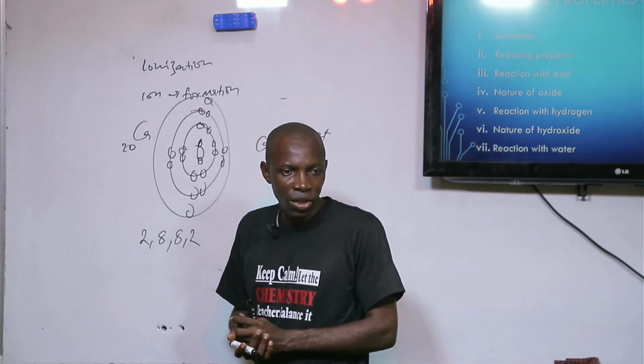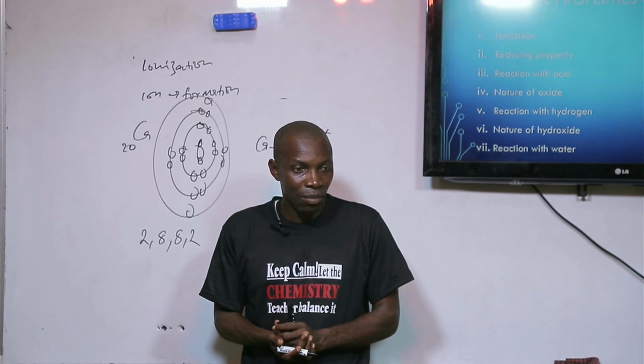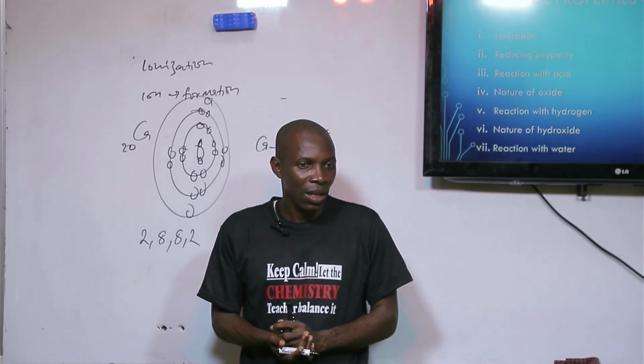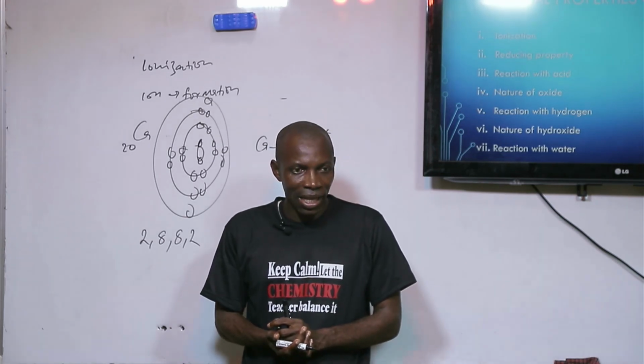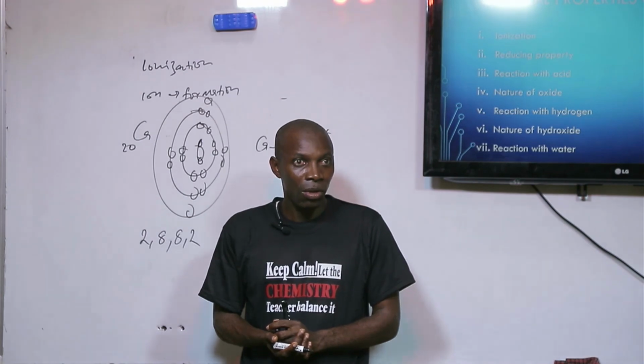So, in ionization of metals, they form ions by losing valence electrons. When they lose their valence electrons, they become positive ions, which means they are also electropositive.